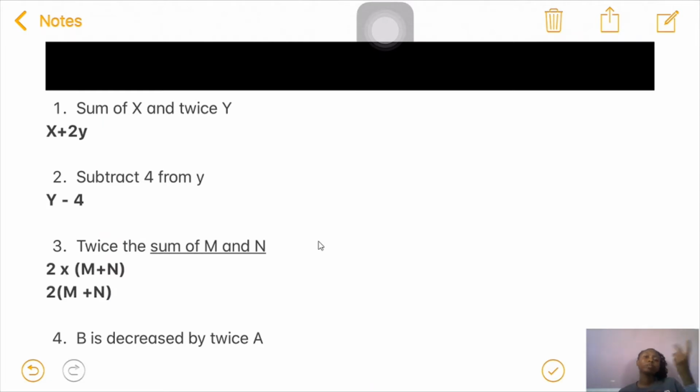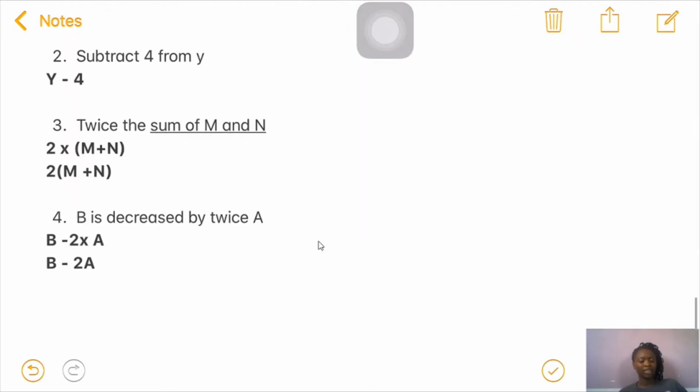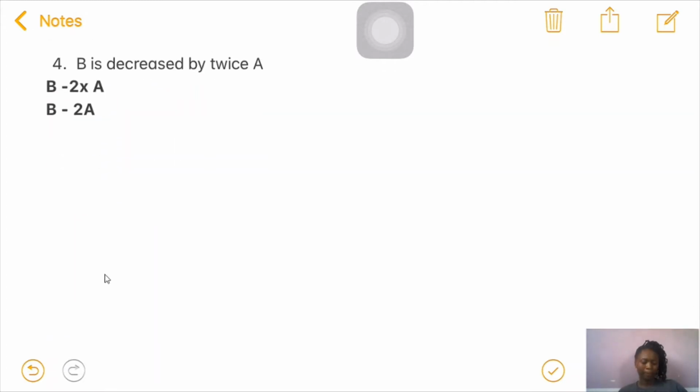So the pizza is standing there, and then we are coming to remove 2a from it. So twice a means 2 times a, which is b minus 2 times a. 2 times a is the same as 2a. So we have b minus 2a. Okay.